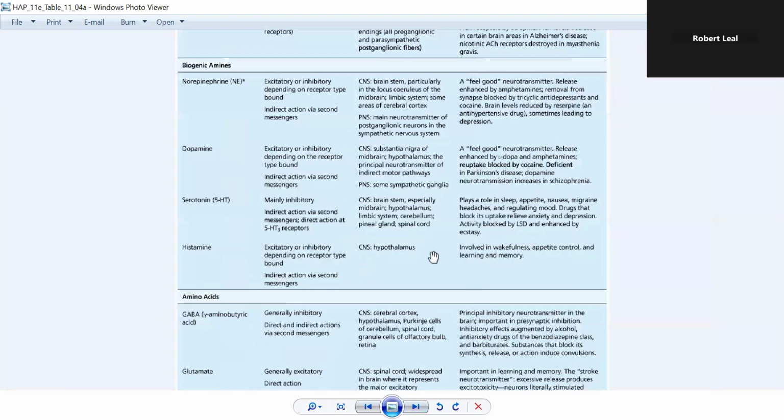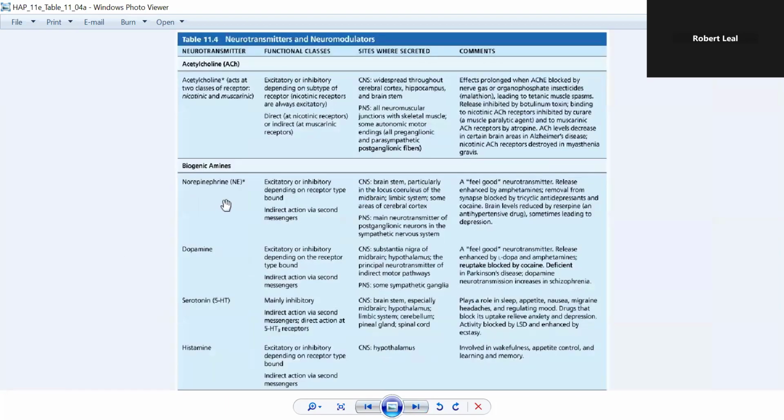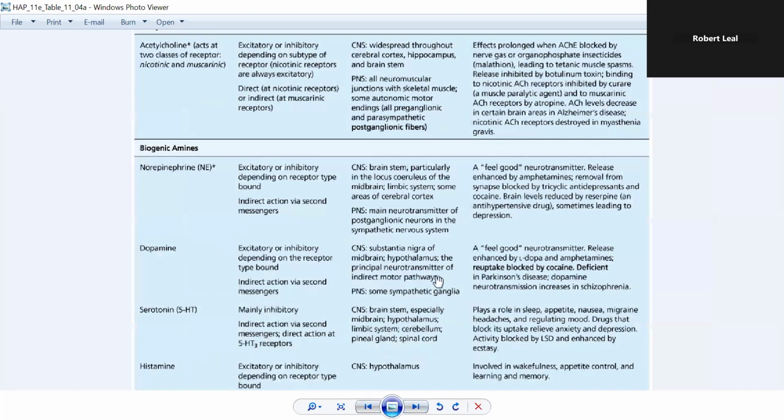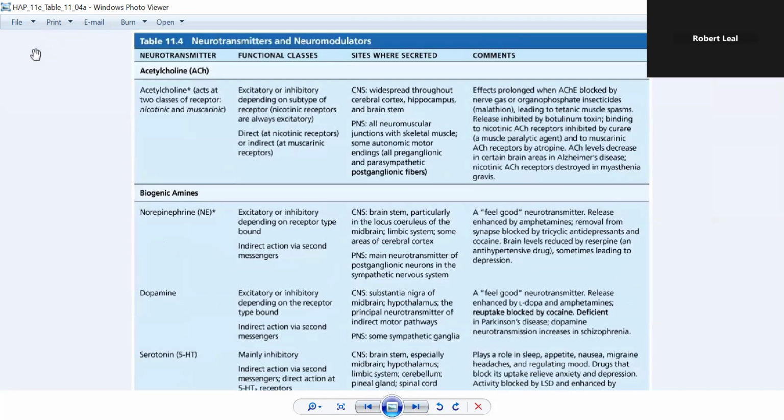All right, this is a table going over the different neurotransmitters produced by neurons. I'm not going to go over each individual one. I just want to bring to your attention that it's not the chemical that determines what happens at the target. It's the receptor type that the chemical binds to.